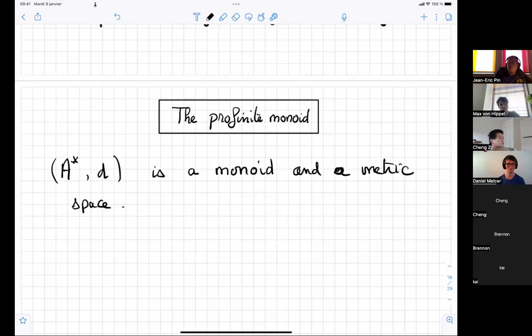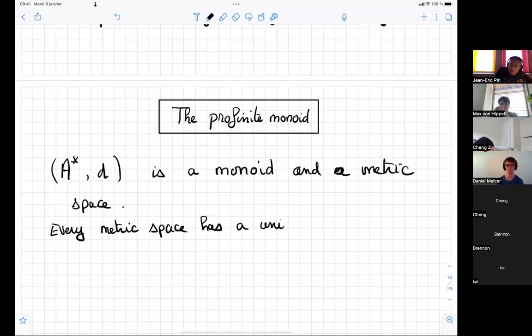So if you remember your first course on topology and metric spaces, you know that every metric space has an essentially unique, up to isomorphism, completion.